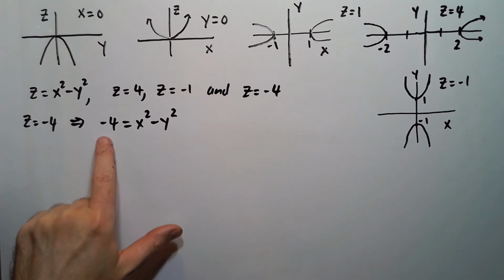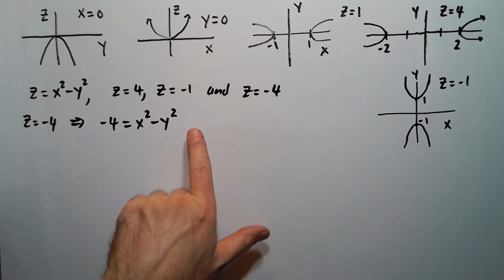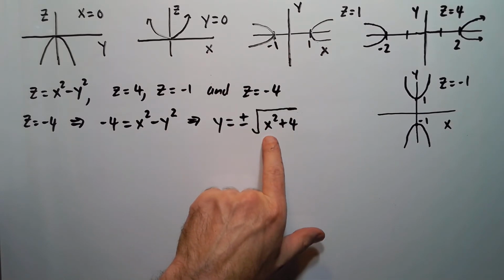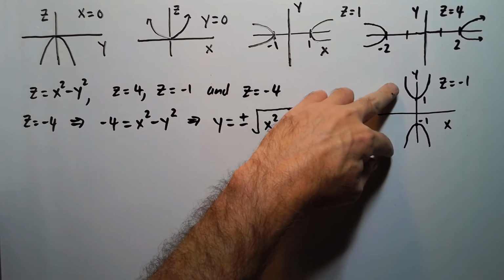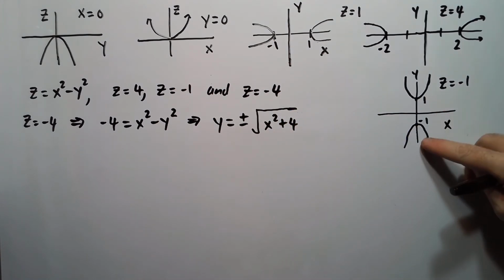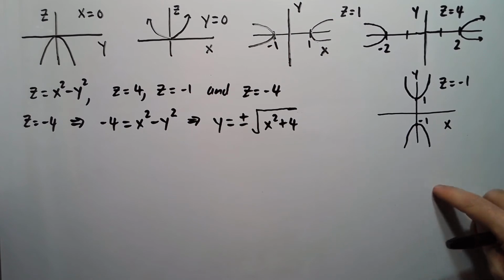So you're going to subtract x squared and do what we did in the one before. So I'll just give you the answer here. So solving for y, we get y equals plus or minus square root of x squared plus 4. And that's going to look like this guy over here too, except instead of starting at 1 and minus 1, it'll be starting at 2 and minus 2. So let me graph this guy right here.